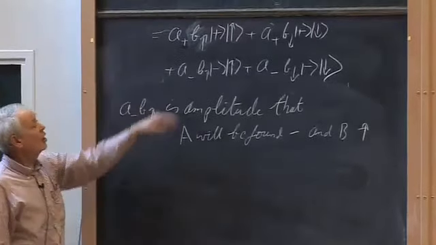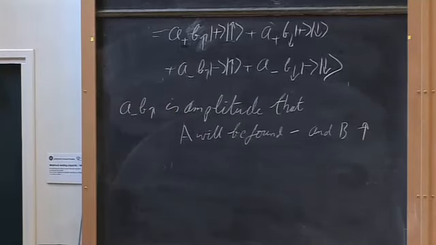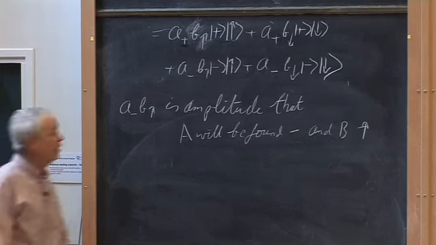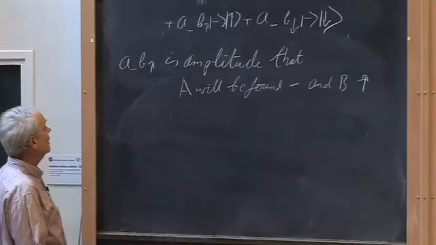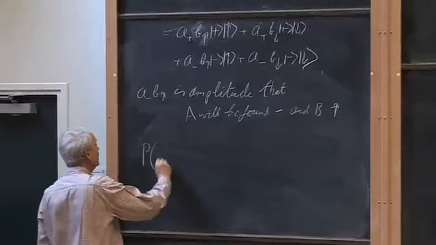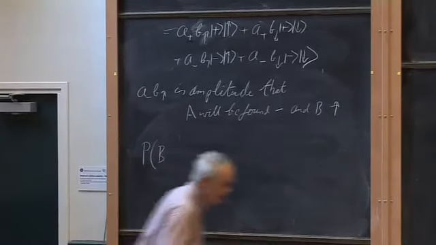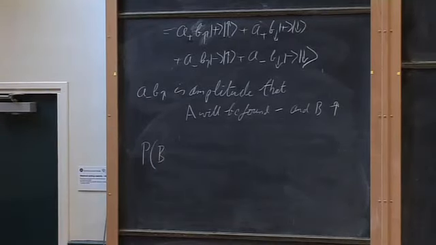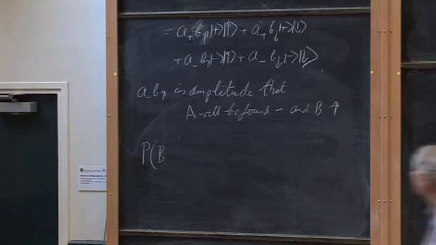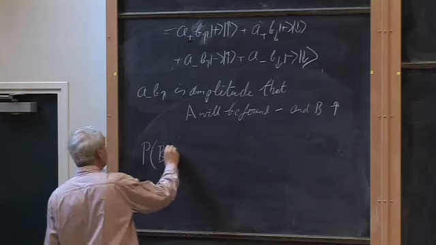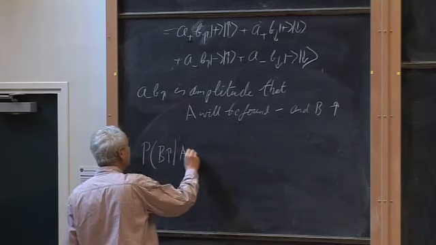But what I'm trying to show is that this state is not the most general state, okay? And the way I'm going to do that is I'm going to calculate the probability that B is up, given that A is in the plus state.